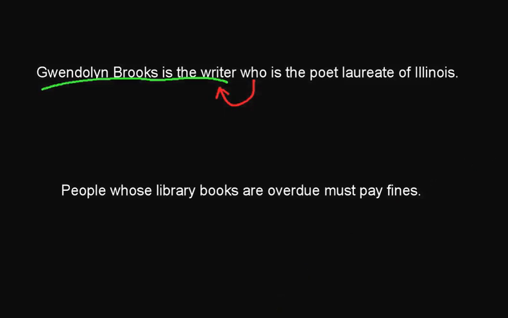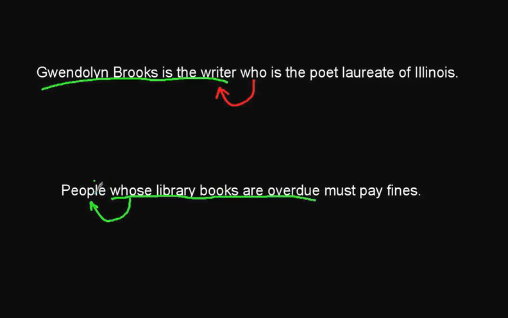People whose library books are overdue must pay fines. Now in this case, because it's an adjective clause, it's going to be pointing right up next to the word in front of it, right? Which people? Those whose books are overdue must pay fines. But again, this is a subordinating clause that is right in the middle of the independent clause, right?